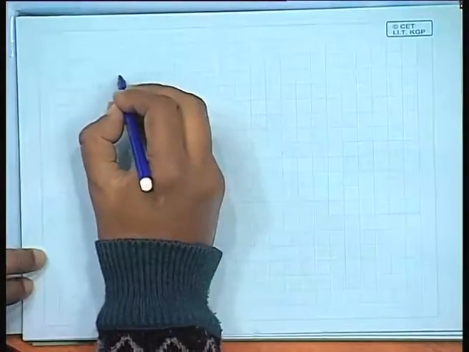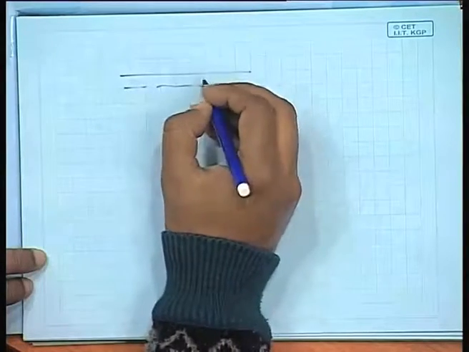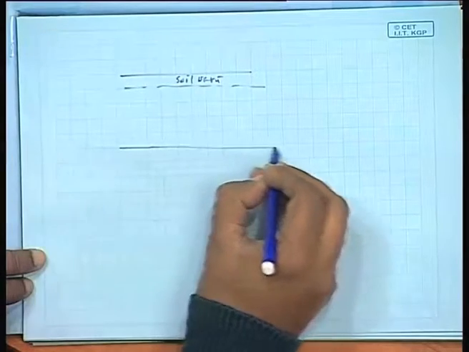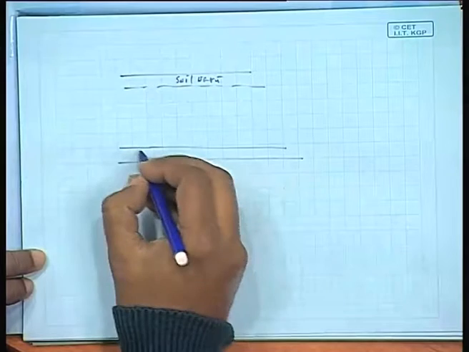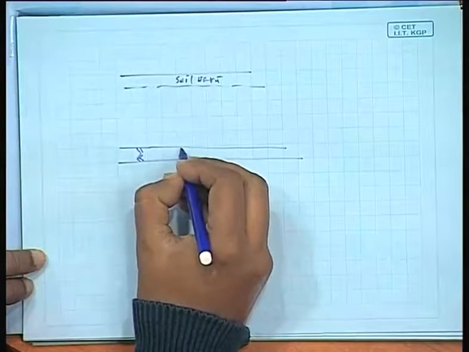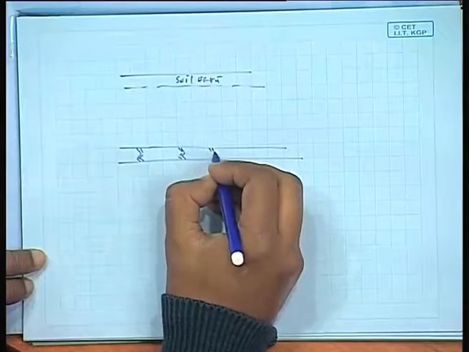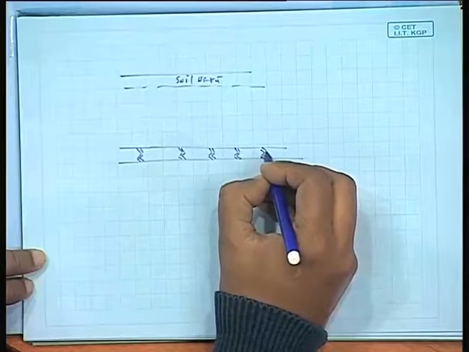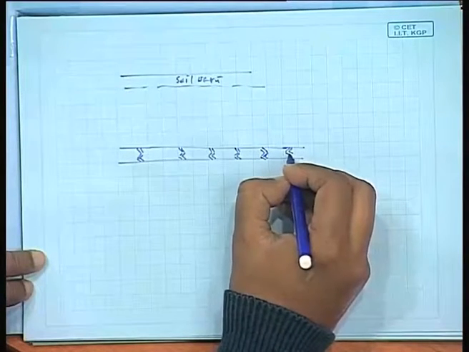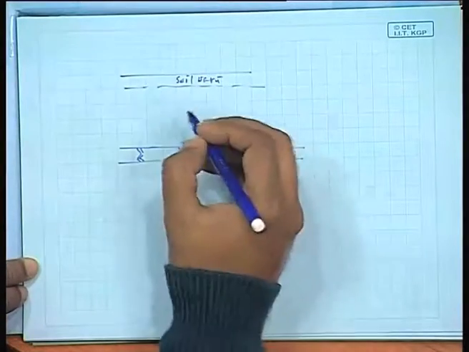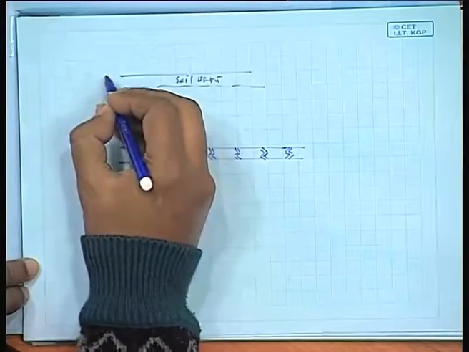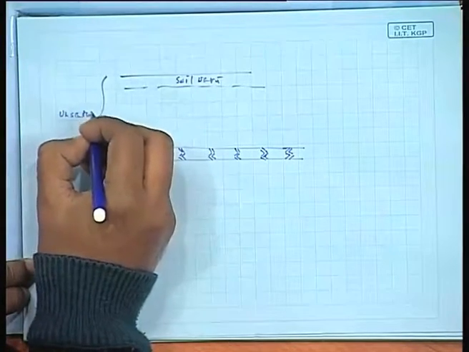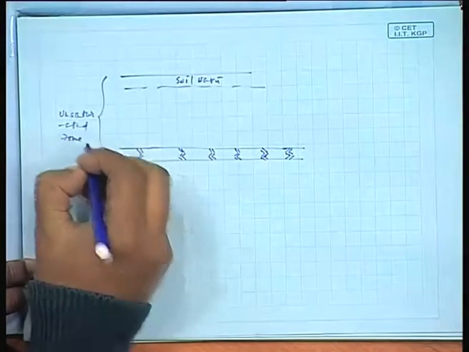If you observe this, there would be a certain bit of soil water, and this one is, as I have said, the unsaturated zone.